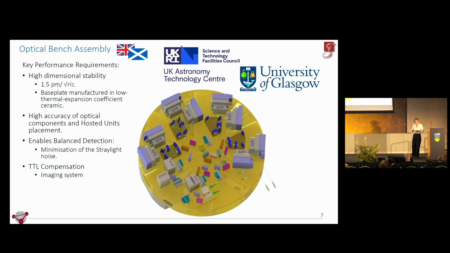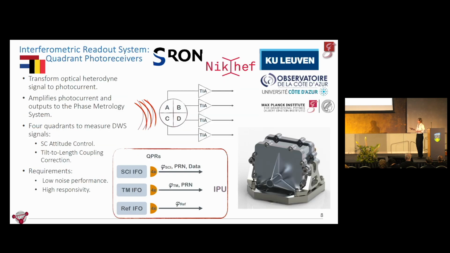This is also a requirement for hosted units, how precisely they have to be placed on the optical bench. The optical bench also provides the means for balanced detection to minimize stray light by hosting pairs of the QPRs in each of the interferometers, which allows us to later subtract this noise in post-processing. It also, as I already mentioned, provides the compensation of tilt-link coupling.